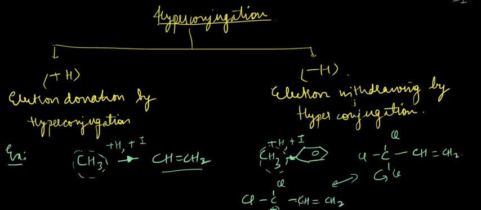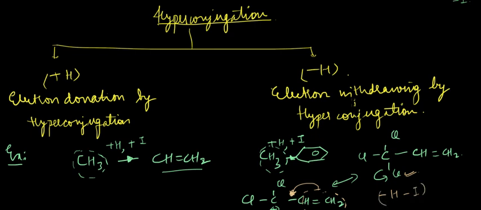So the pi bond is in conjugation with a positive charge, resulting in a resonating structure. Hence it is minus H and minus I. Why is it minus H? Because the chlorine group detached itself from the carbon, helping in forming a carbocation or a positive charge here. Hence it is minus H and minus I.